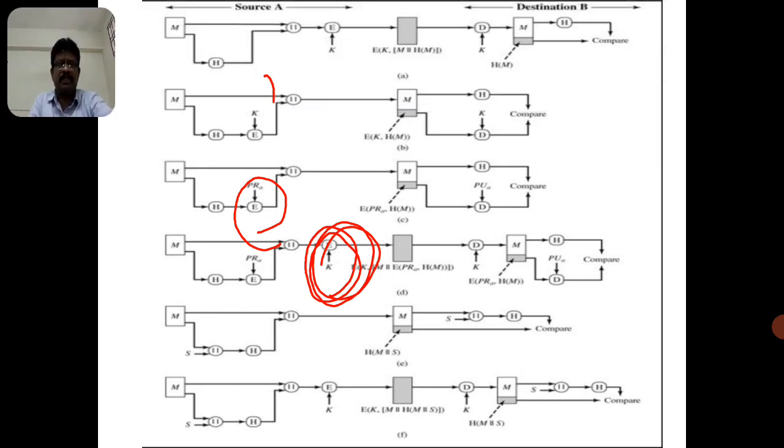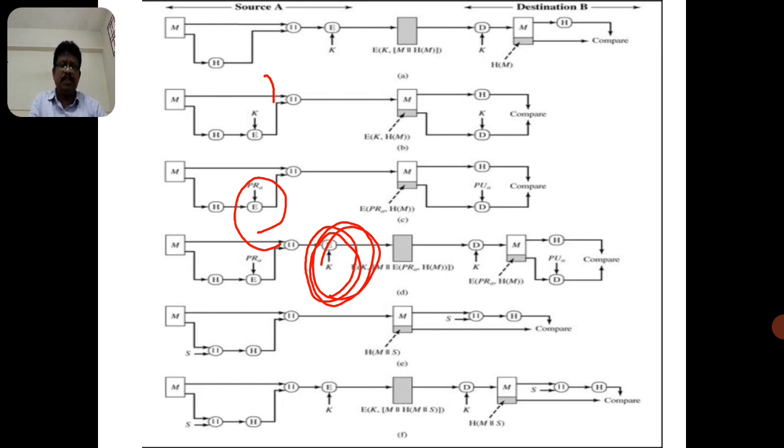And after that, if both are equal, then it produces its authenticator. Now coming to the next one, suppose a session key is generated. Session key is nothing but, whenever both users communicate in a secured manner, they identify a session key. A session key is used with the concatenated M. After that we apply the hash function.